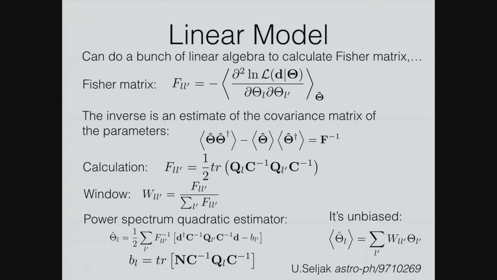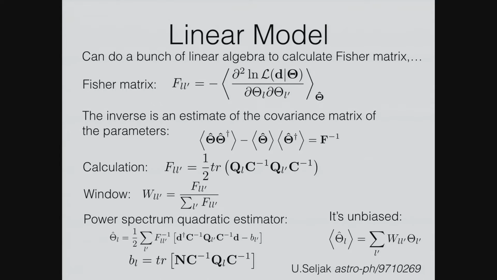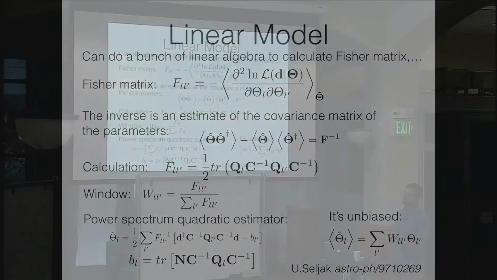I wanted to briefly mention the Fisher matrix estimation for these problems, and then the power spectrum. I'm not going to go into details. All I will say is the Fisher matrix, and I'm not going to define this. We can talk about the Fisher matrix, etc., in more detail if you're interested afterwards. But usually, there are linear algebra formulas to calculate that, and then you can calculate a power spectrum estimator.